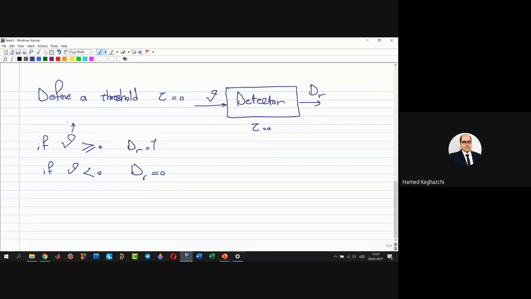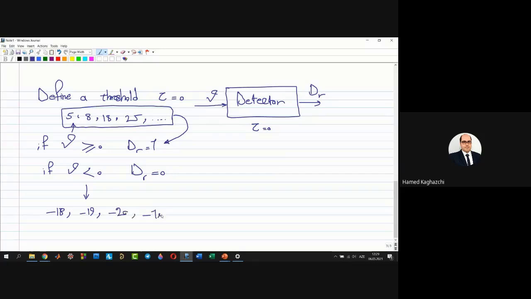It doesn't matter if the value here is 5, 6, 18, 24, or etc. All of these numbers are accepted as 1. And again here, it doesn't matter if I have minus 16, minus 19, minus 20, minus 100. All of them are accepted as 0.